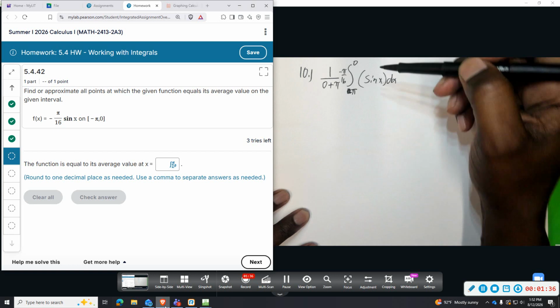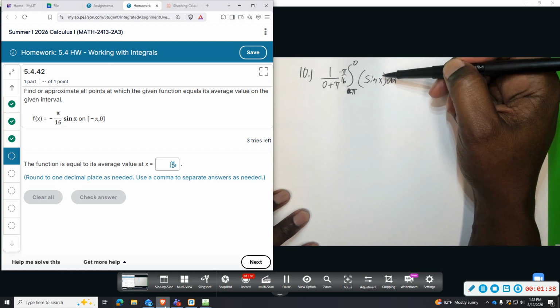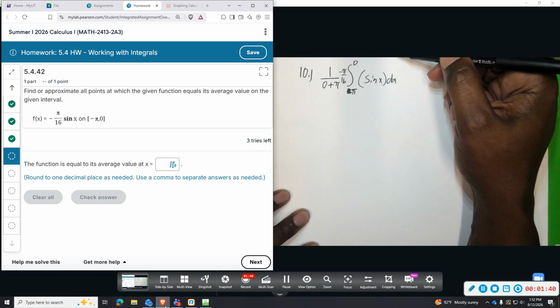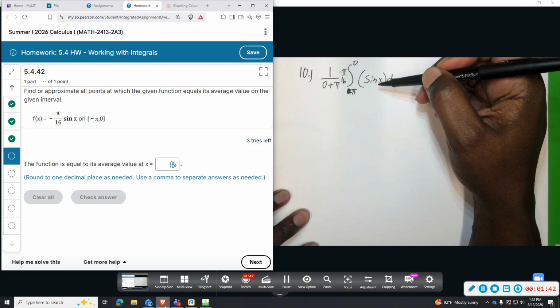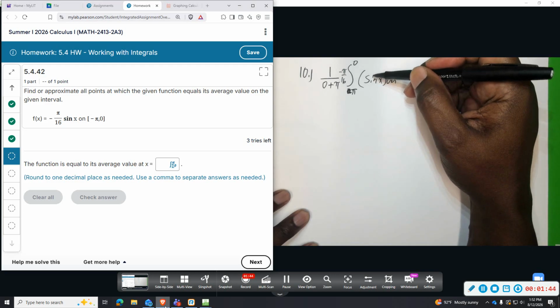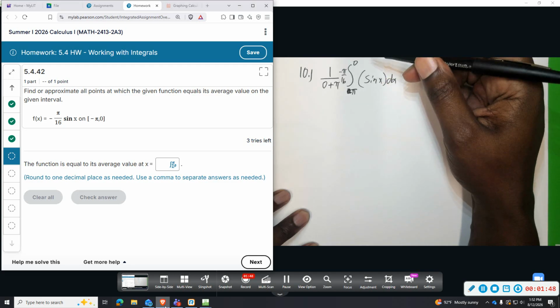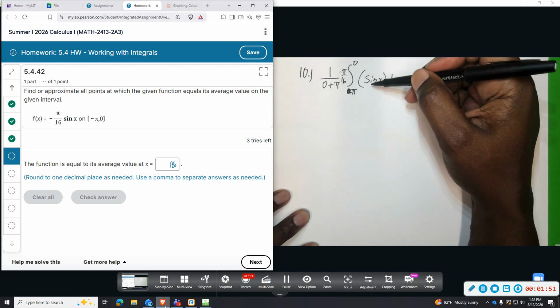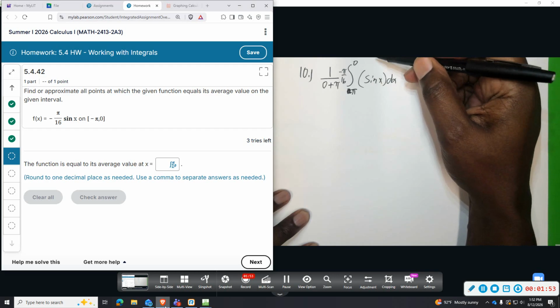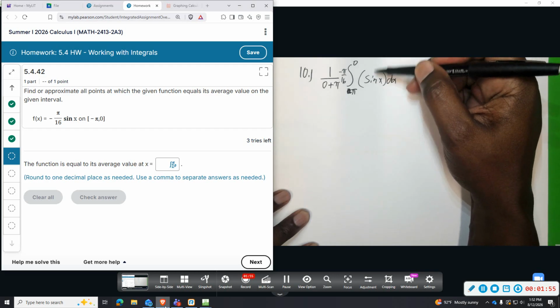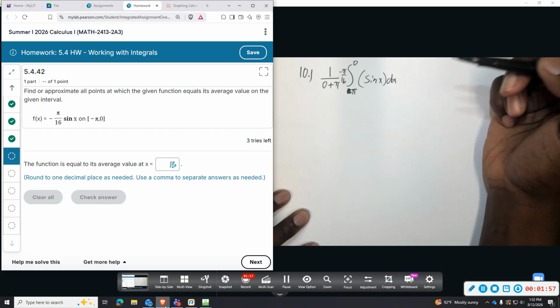All right, so when you think about integrals of sine, think about going backwards. What did we start with to get here? And so we know the derivative of sine is cosine, but going backwards, derivative of cosine is a negative sine. So we would have to start with a negative cosine to get positive sine, because we're going backwards.